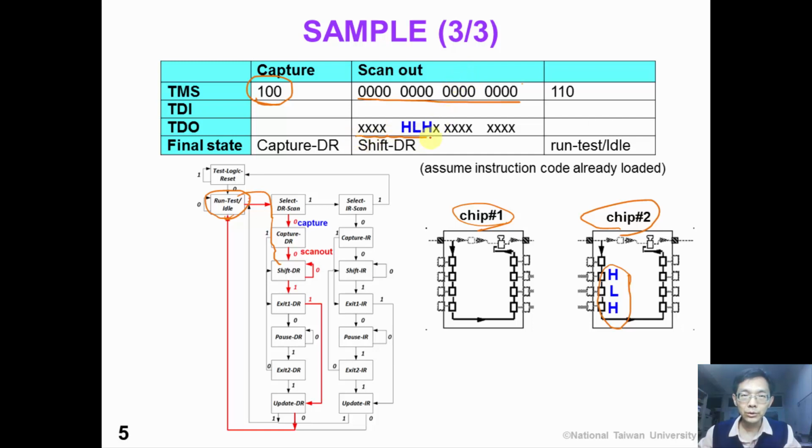At this time, we shift out the contents in the boundary scan cell, and we can observe the values here. After that, we can go back to the run test idle state.